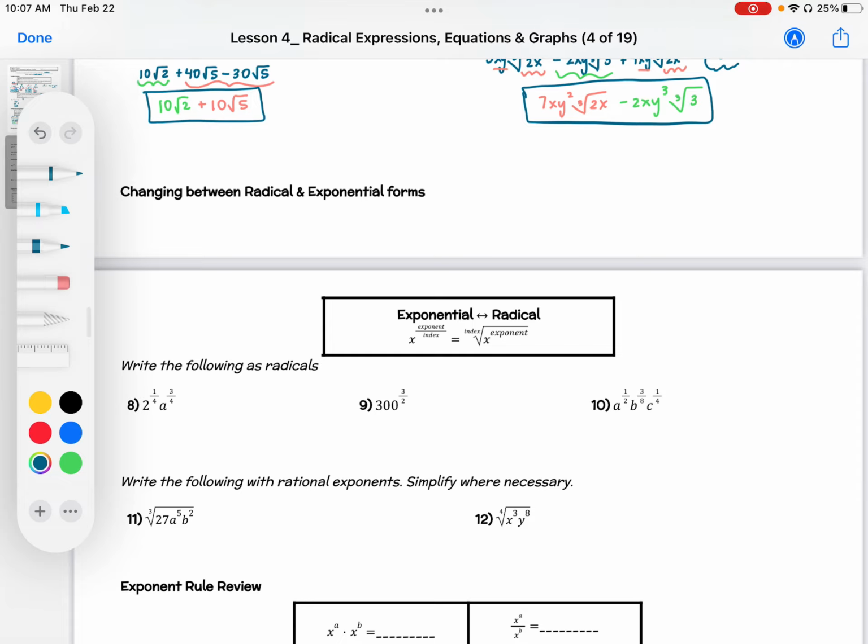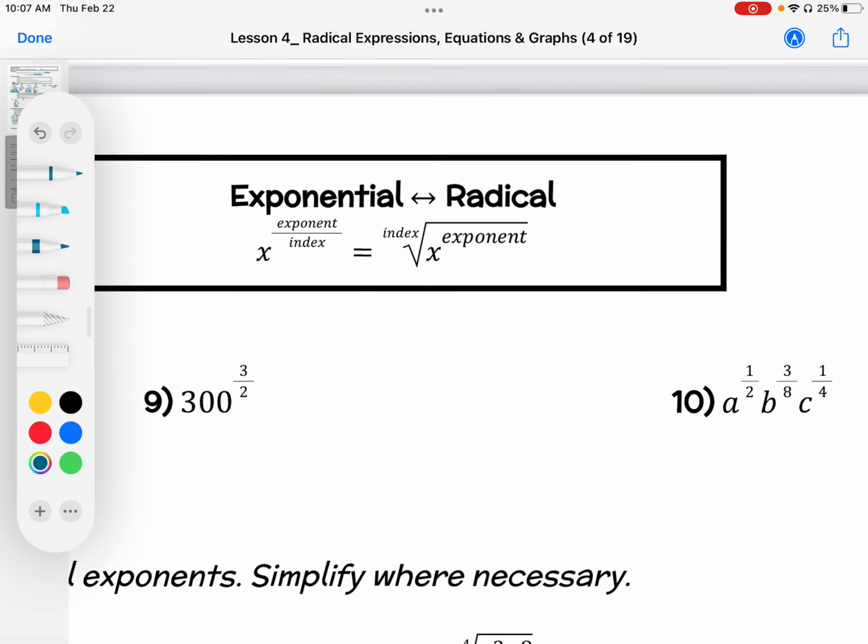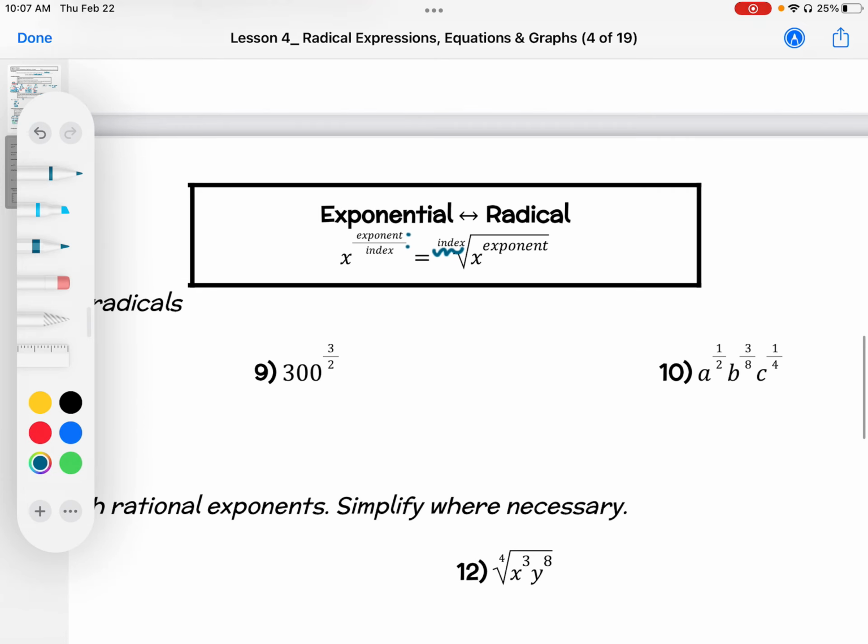All right, so changing between exponential and radical form. So this is where, if we're given a fraction as an exponent, then we need to know that that means that we have a radical of some sort. So it's always exponent over index. Index is the number outside of the radical.